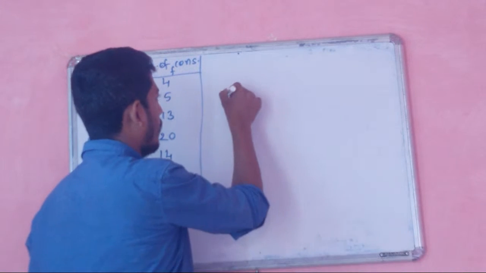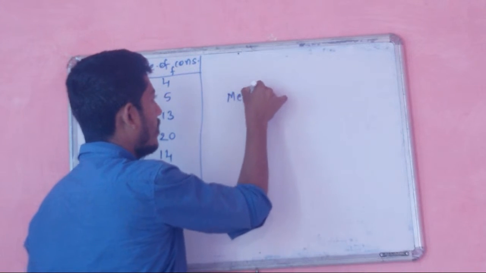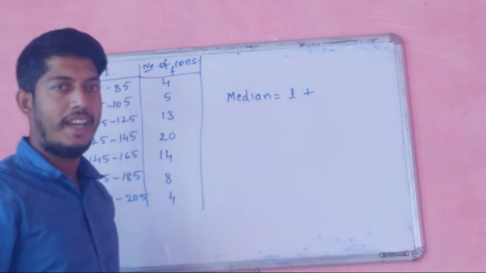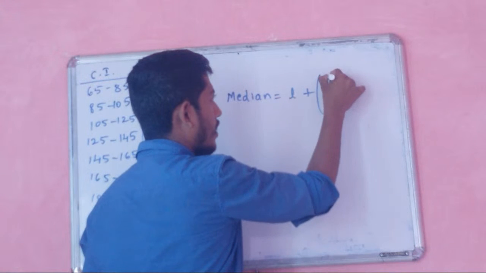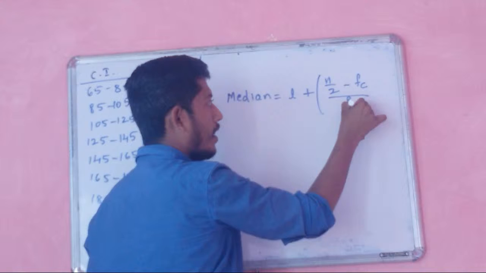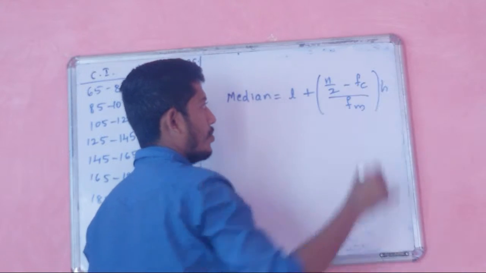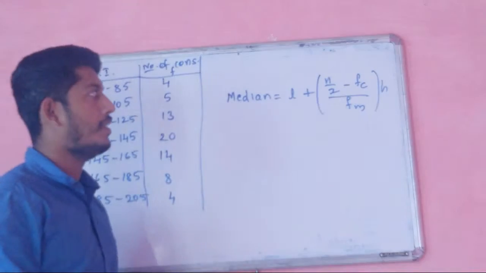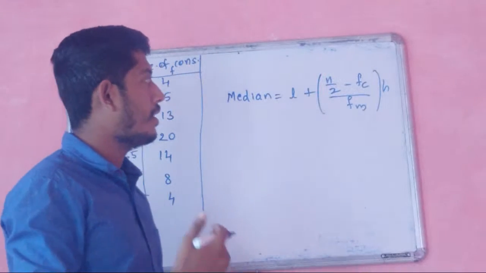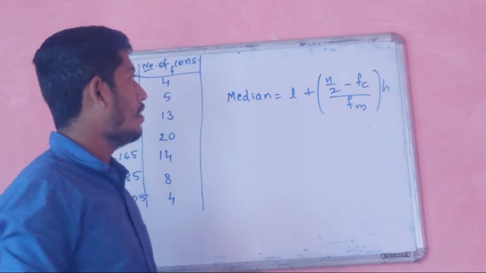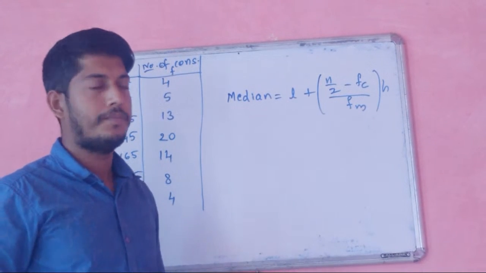For that we have the formula: median equals L plus n by 2 minus Fc, divided by Fm, into H. First I will tell you the meaning of these terms.